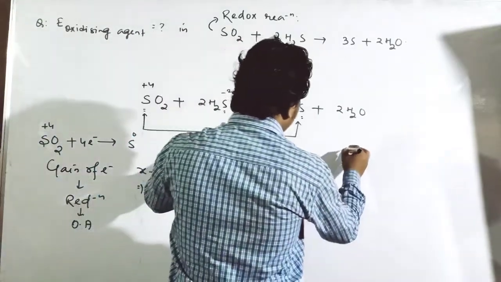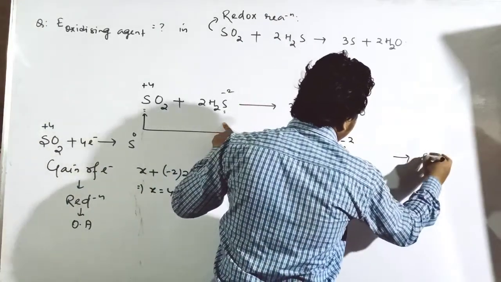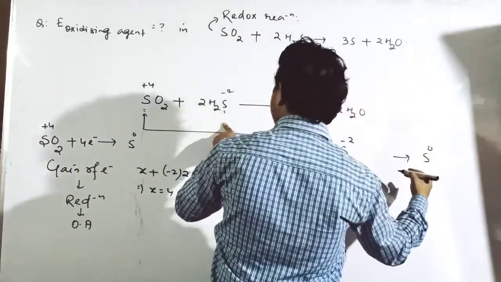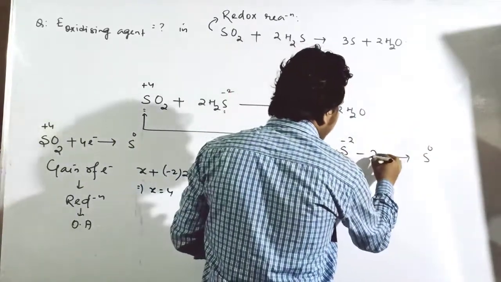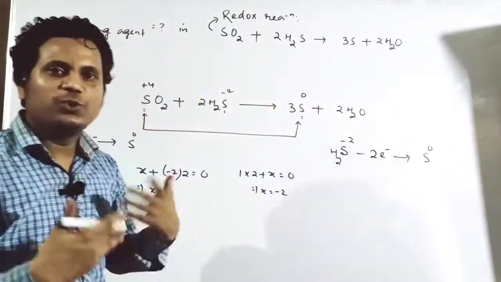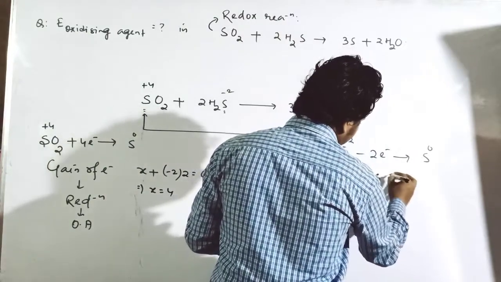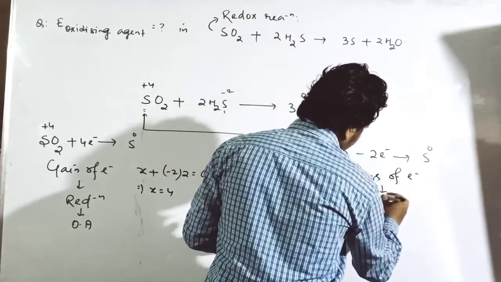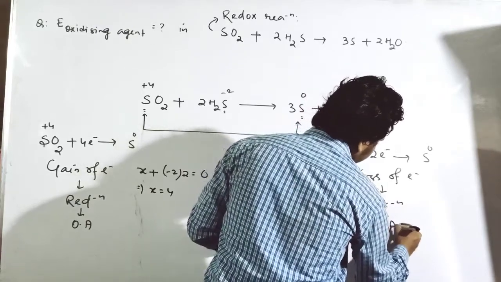Check another one. In H2S, sulfur goes from -2 to 0. What does it mean? With -2, 2 electrons are more, so it loses 2 electrons to become sulfur. So loss of electron is oxidation, and oxidation means reducing agent.